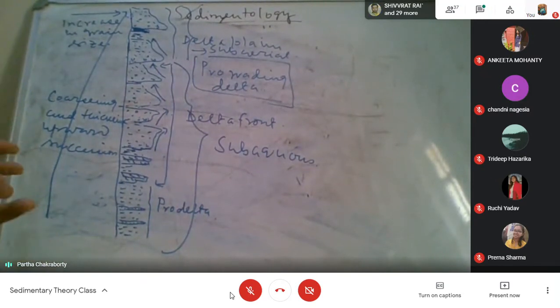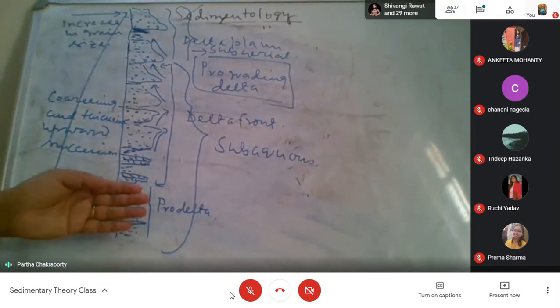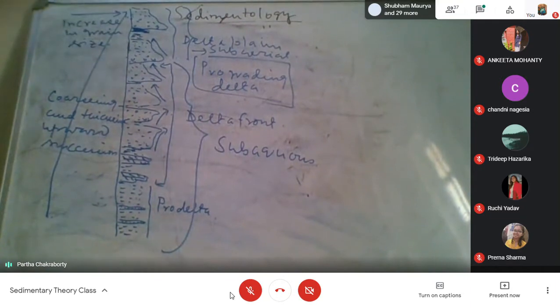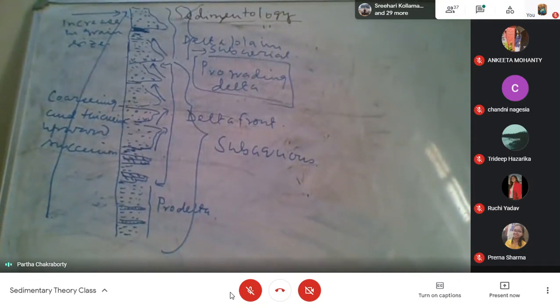So the delta plain shale acts as the impervious layer, not allowing the hydrocarbon to go out. Bounded between the marine shale below and the continental floodplain shale above, the delta sand body acts as a beautiful reservoir system for the hydrocarbon.